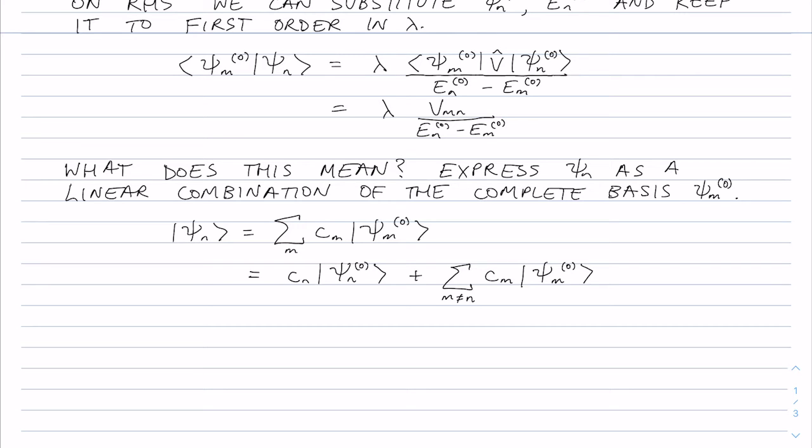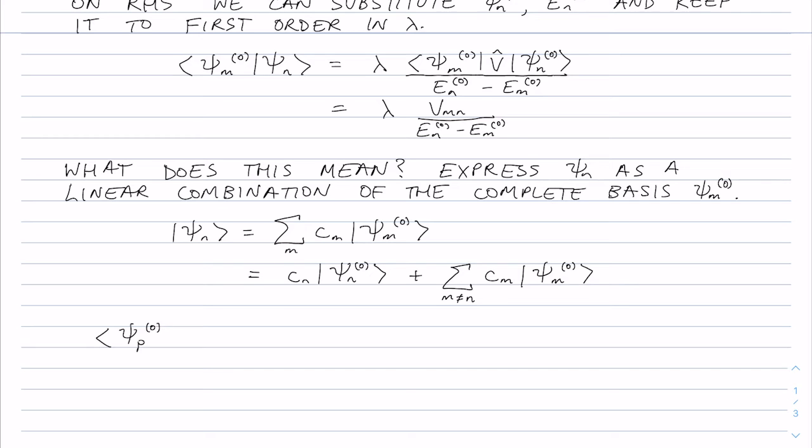Given that, we can now start to express something like this. Psi m, or I'm going to get my letters all mixed up. How about I put a P in here?